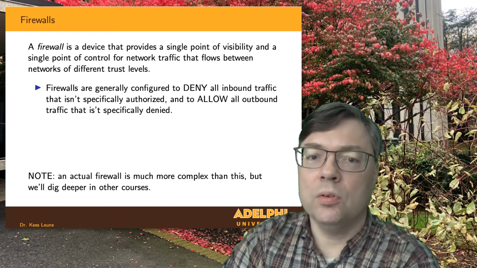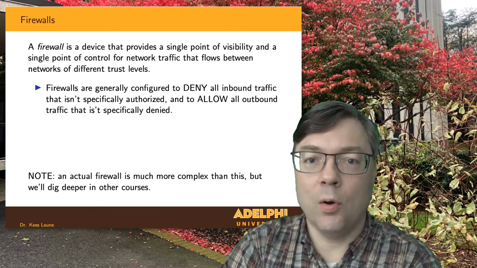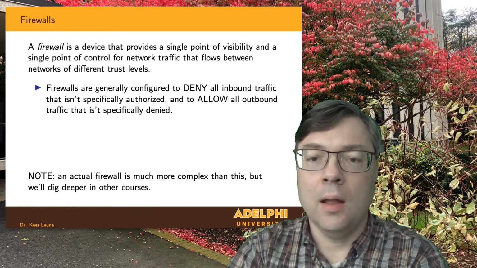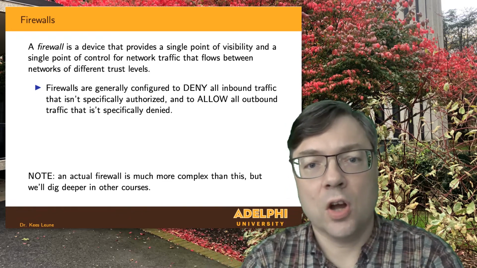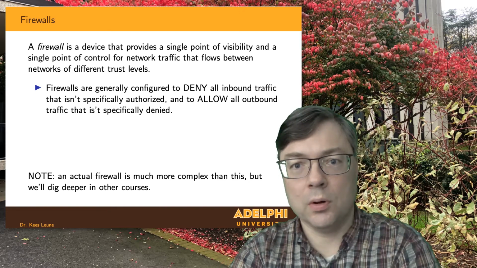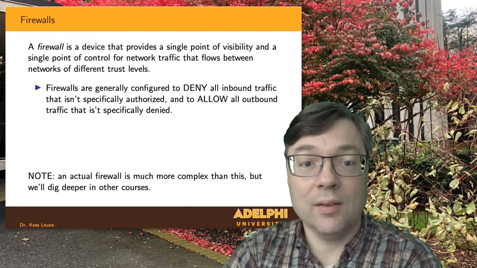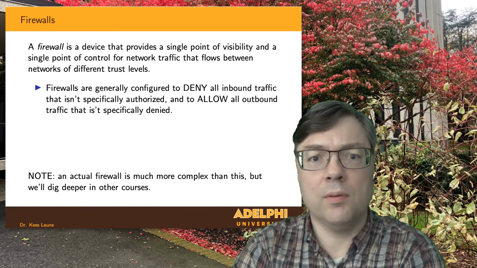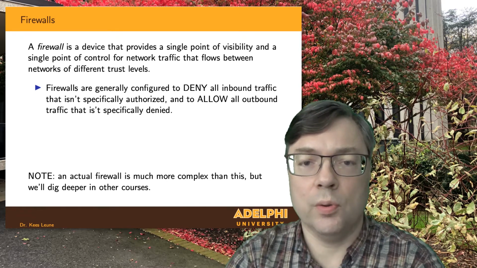Most firewalls are configured to deny all traffic that isn't particularly authorized, and in particular traffic that is coming from the untrusted network into the trusted network would be refused unless there was a specific permission to let it through. Again, least privilege. If you don't have to do it, don't do it.